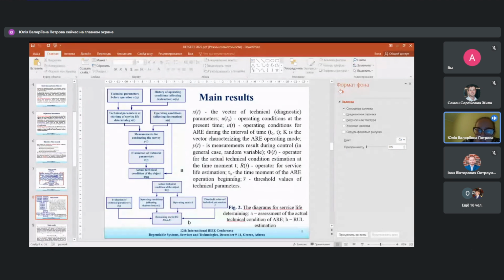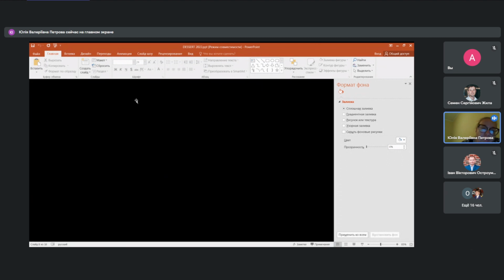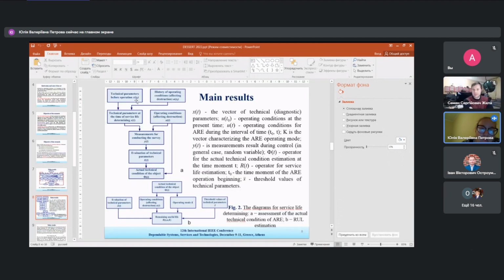Here is the diagram for service life determining. It has two blocks. First, block A, is the assessment of the actual technical condition of aviation radio equipment, and block B is the remaining useful life estimation. In the input, we have technical parameters before operation and the history of operating conditions.